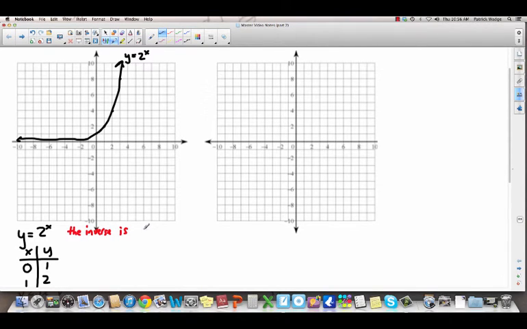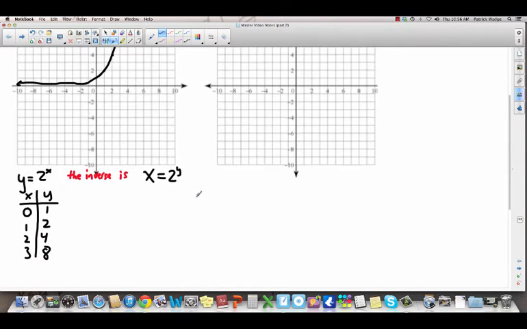So the inverse is x equals 2 to the y power, and then we would try to isolate the y, and we can't do that, except now we can, because we have learned from last day that x equals 2 to the y power, what I have written here, has another way of writing it, and the other way to write that is that y equals the base 2, this is a base here, 2, right? So y equals log base 2 of x.